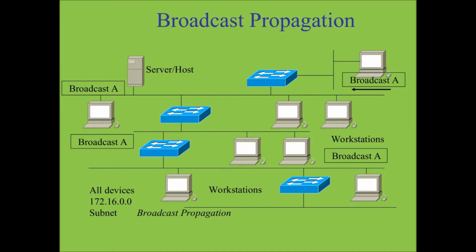So all devices over here fall in the 172.16.0.0 subnet. So all these devices contain IP addresses, and this falls in class B of the IP addressing scheme. So whenever we send a message to all devices, this concept is called broadcasting or broadcast propagation.